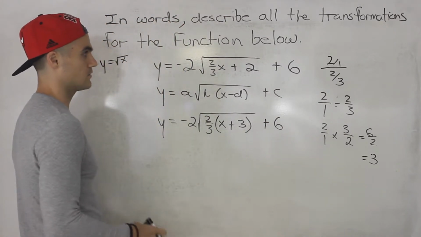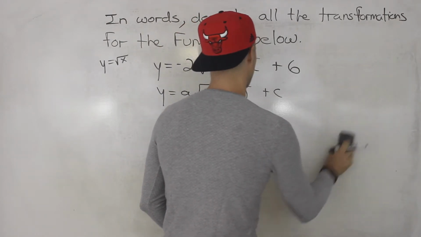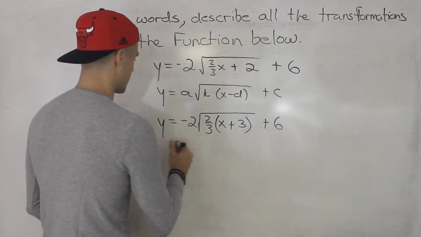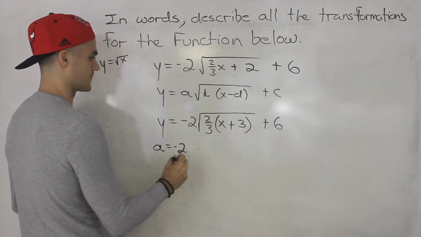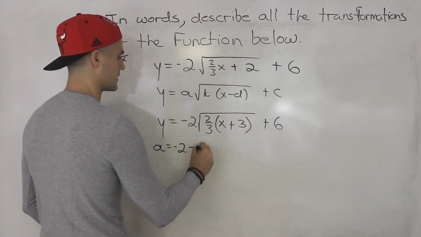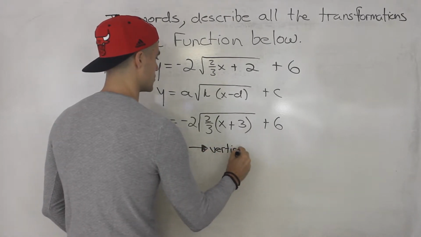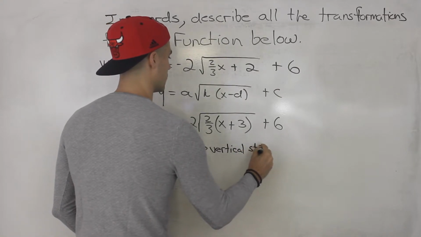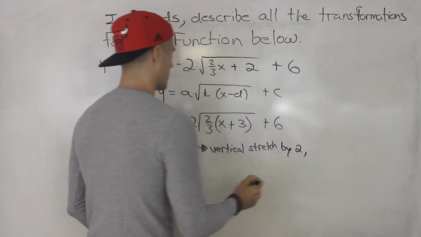All right, so now we know what all of the transformation values are. So we know the a value is -2. What kind of transformation is that? Well, it gives us a vertical stretch by a factor of 2.